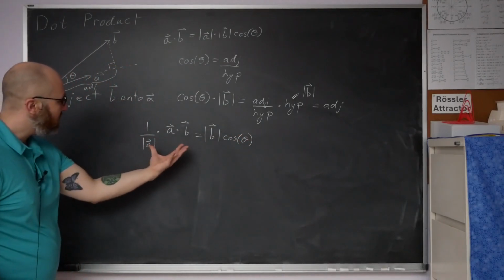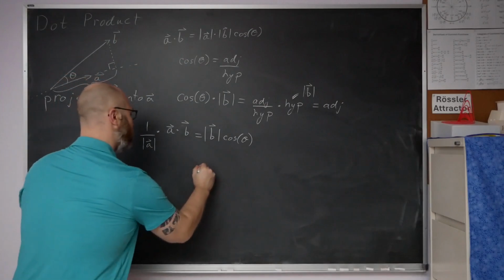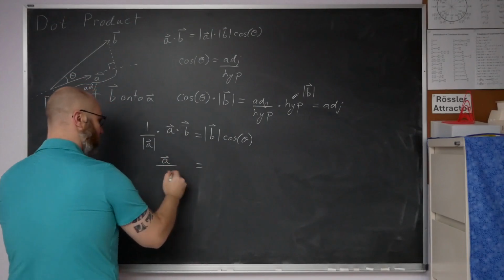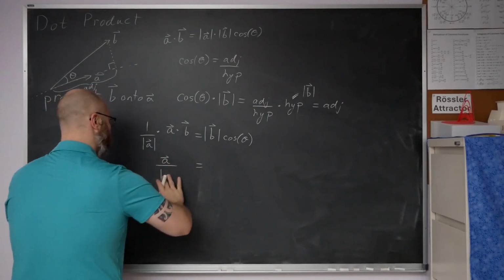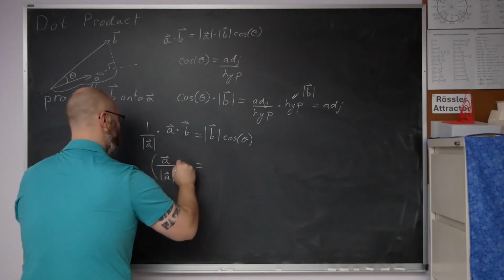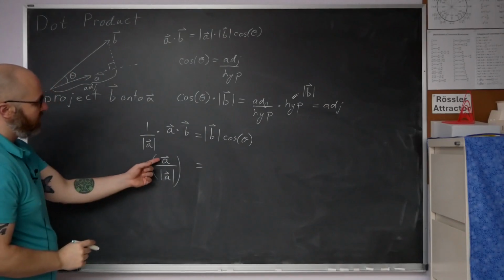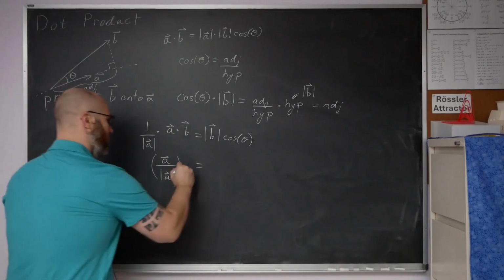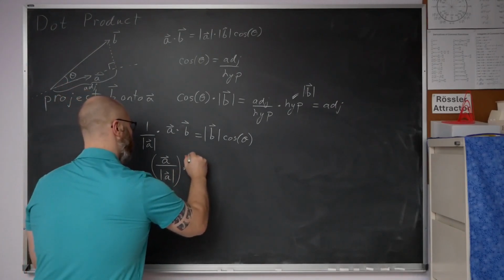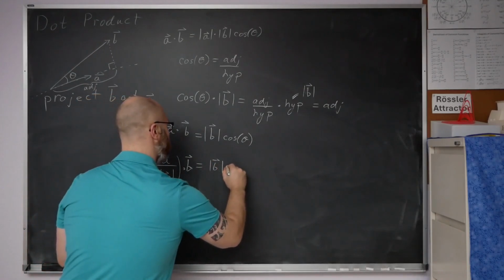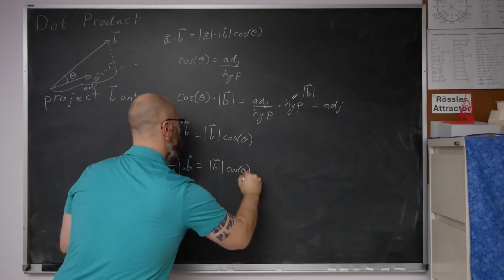All right, and then to make this a little prettier, what we typically do is we say vector A over magnitude A, and that thing is still a vector, so I have a vector A and I'm multiplying by a scalar. My scalar is 1 over magnitude A, and I take the dot product of that with B. That's going to equal magnitude B times the cosine of theta.